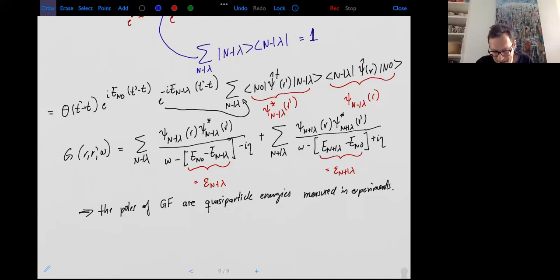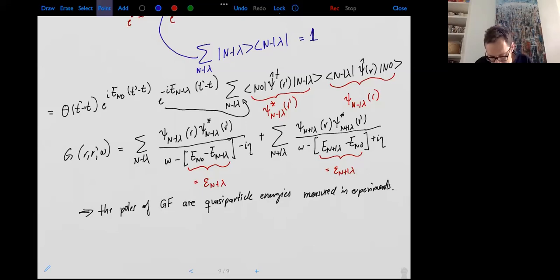What we would need is to somehow know the exact energy of the ground state or the energy of the excited states with n-1 electrons. But where are we going to get those from? So at this point, everything is very formal, and there's not yet a recipe for actually calculating anything.